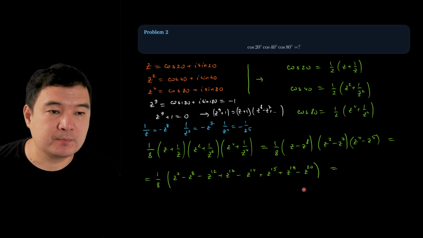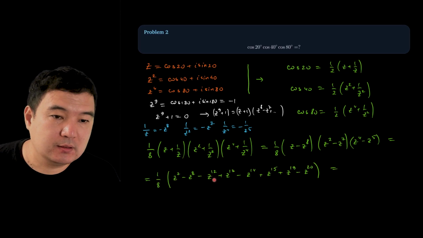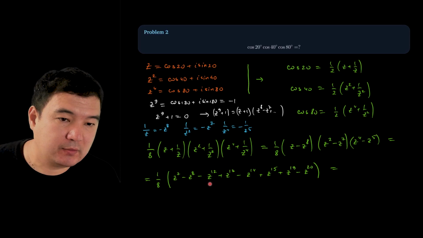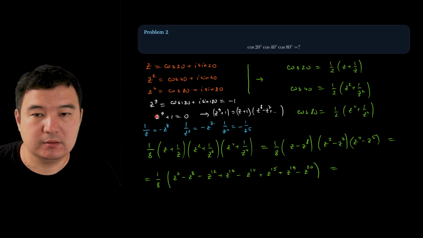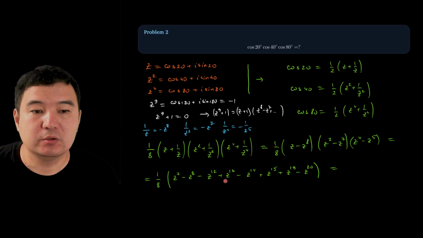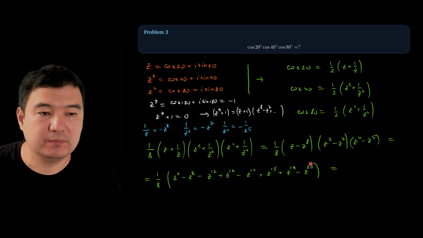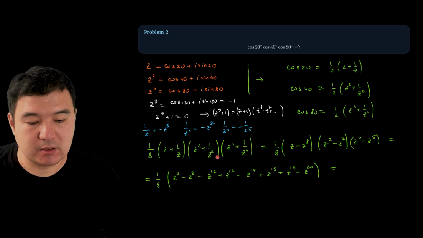The terms starting from the third one, 12, 13, 14, 15, 19, 20, are all greater than 9. So you can use z^9 equal to -1 to reduce the degree of these 6 terms, as we did in the previous problem.